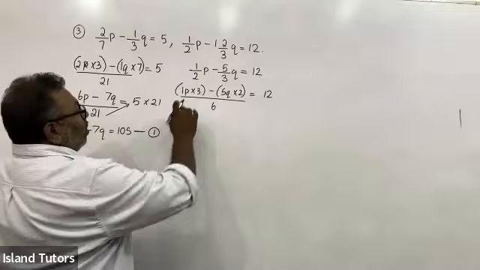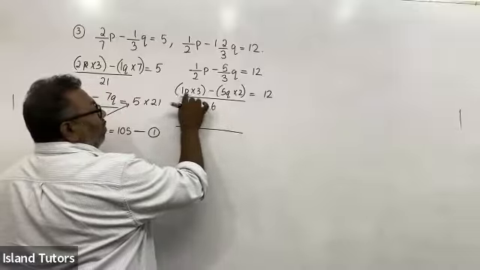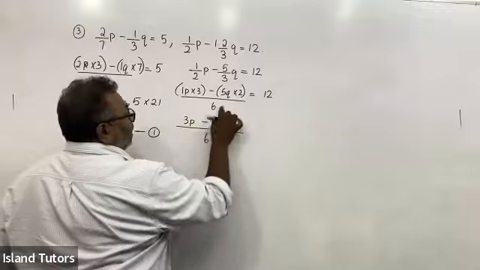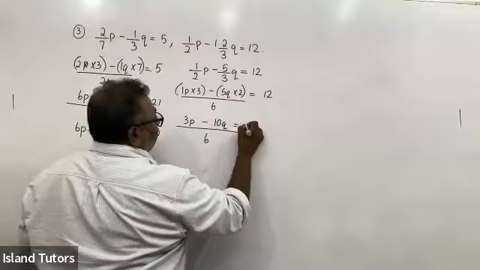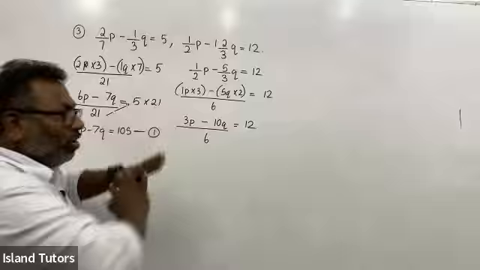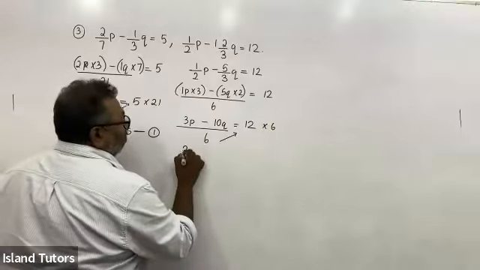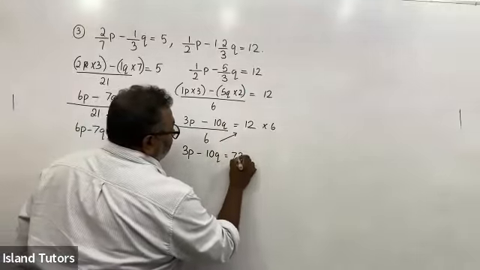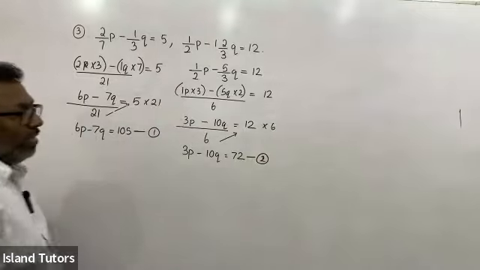So 6 common denominator, 72. 1p into 3 is 3p minus 5q into 2, 10q is equal to 12. Like here, cross multiply. You're getting 3p minus 10q is equal to 72, which is your second equation.